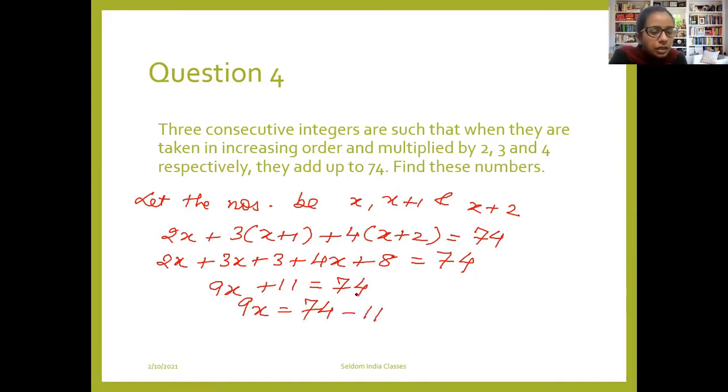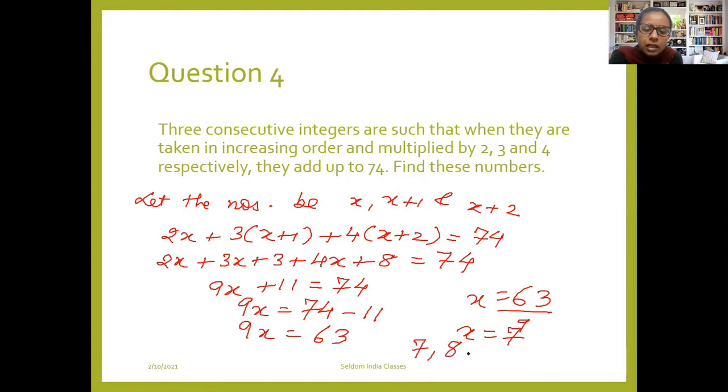Bringing 11 here, the sign will change to negative. So 9x equals 74 minus 11, which is 63, and x equals 63 by 9, that is x equals 7. So the three consecutive numbers will be 7, 8 and 9. This is the solution.